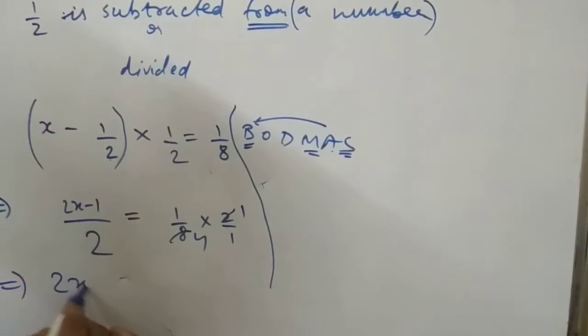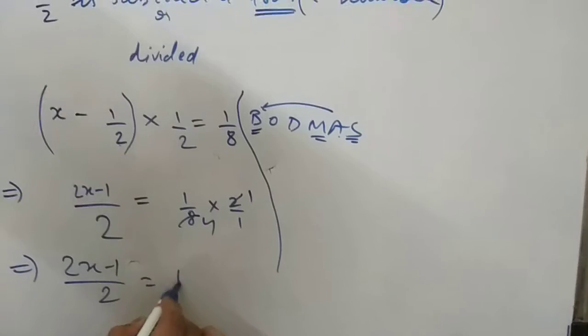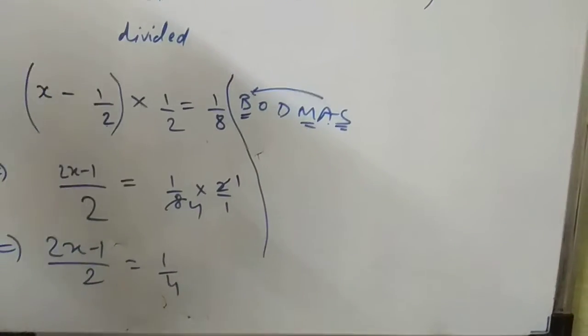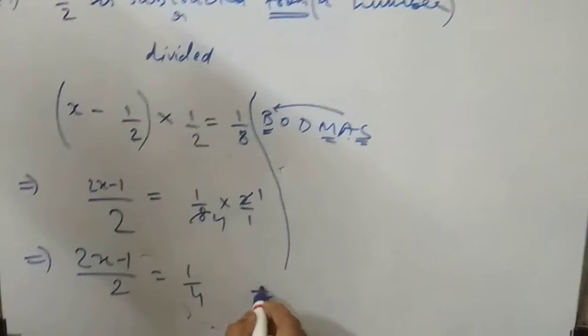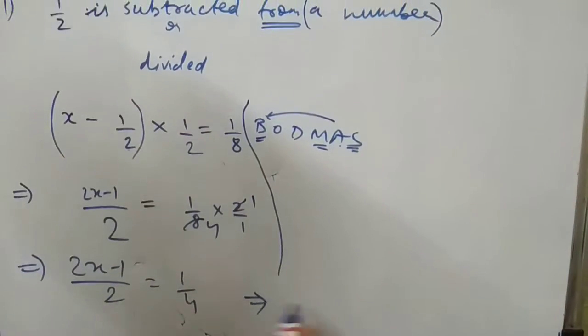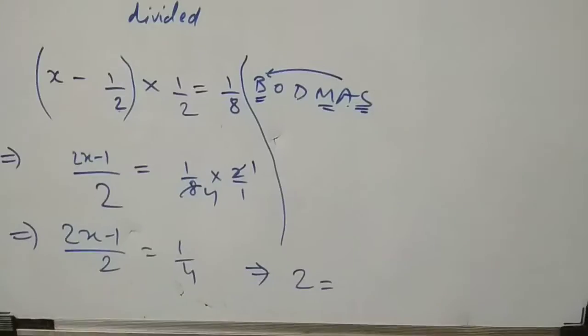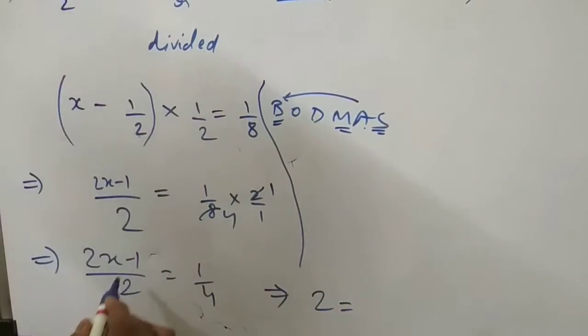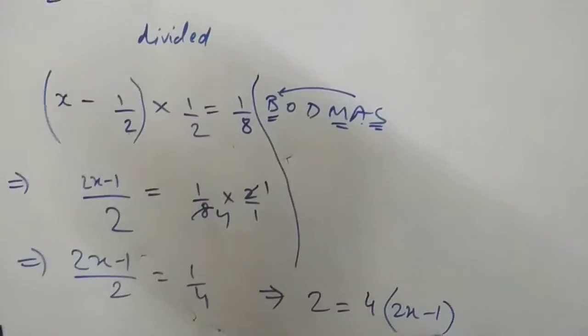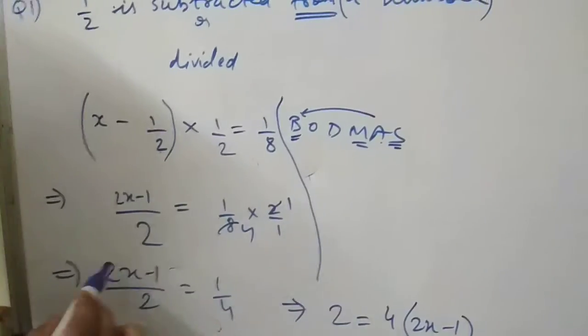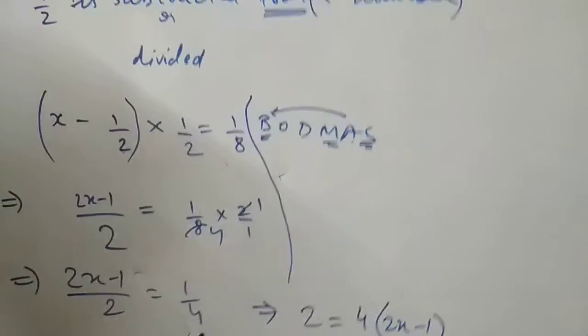This implies (2x minus 1) upon 2 equal to 1 by 4. Now again cross multiplication. So what you will do? This implies 2 equals 4 multiplied by (2x minus 1). Take care, okay? Because now this is an individual term, this is an individual term.